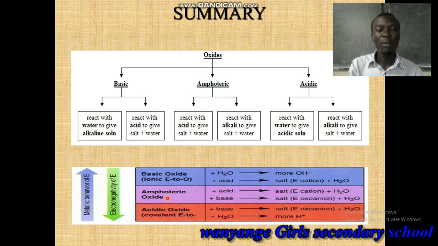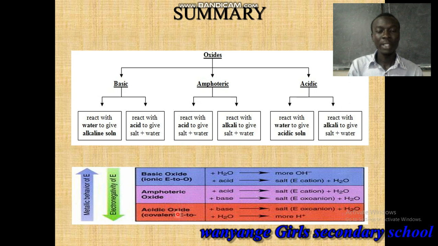Then amphoteric oxides react with acids to form a salt. Again, the salt is getting the cation, which is the metal ion, from the base, plus water. Amphoteric oxides still can react with the base to form a salt and water. Okay?